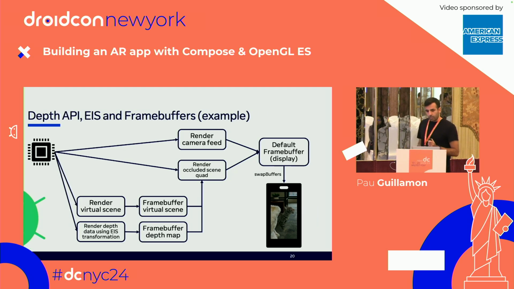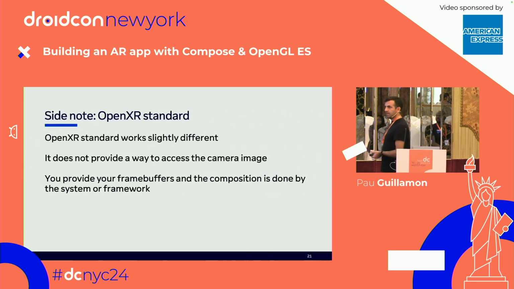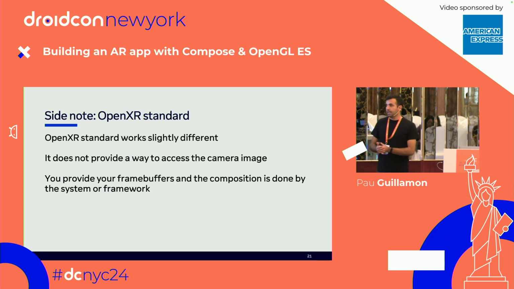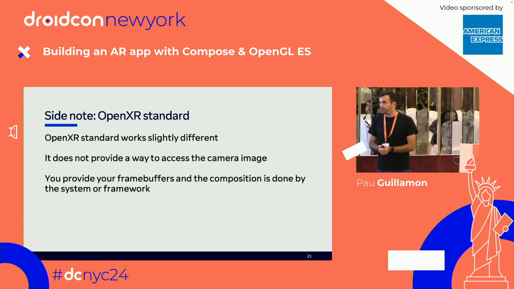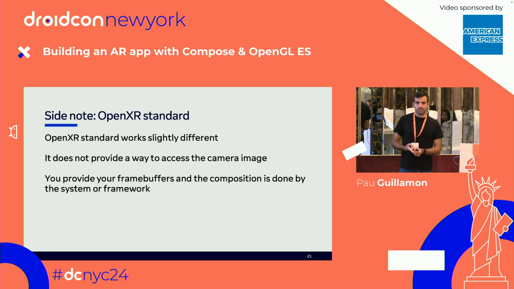I didn't want to leave this without mentioning the OpenXR standard. Probably you've heard of it. It's used also in web. If you've heard of WebXR, it's using the OpenXR standard. And also in virtual reality headsets such as the MetaQuest. They're using the OpenXR standard.